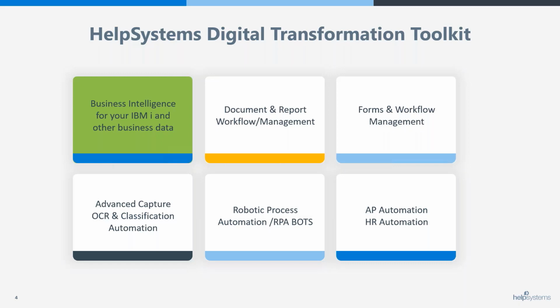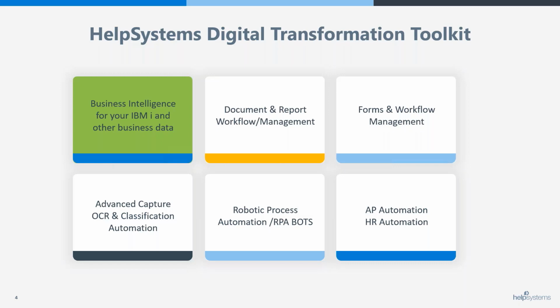Forms management for the web-based forms, data collection, and document creation and approval of business forms. Advanced OCR data extraction and document classification automation. This helps the automation of the document capture and does auto classification of the documents, which in turn eliminates the keying of the data to your ERP because of the document classification and extraction process.